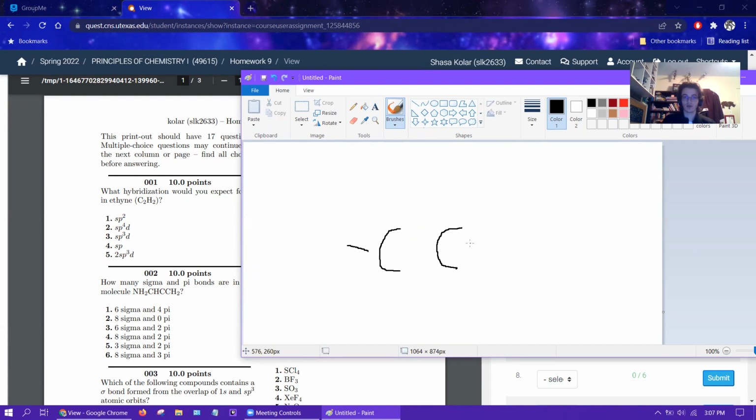So we have 1 bond there, 1 bond there, like this. And because this molecule has exactly 2 carbons, it's going to be the same for both carbons. So how many bonds should there be here? There has to be 1, but how many are there going to be?